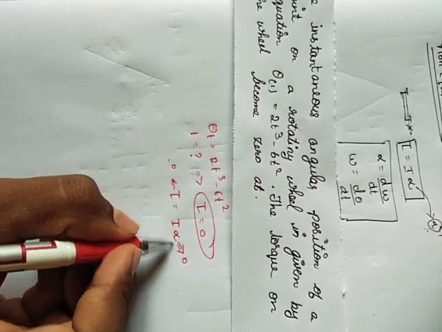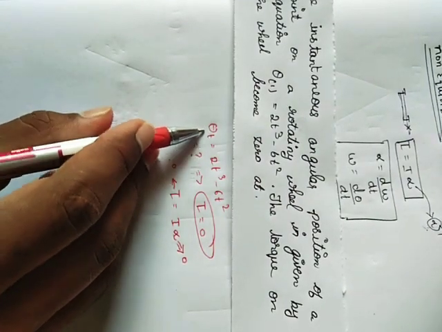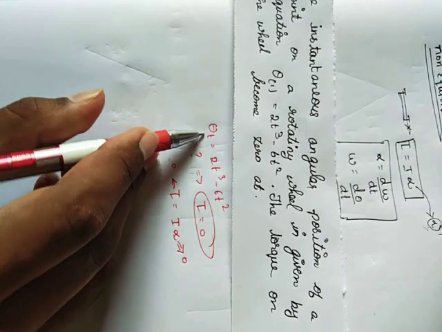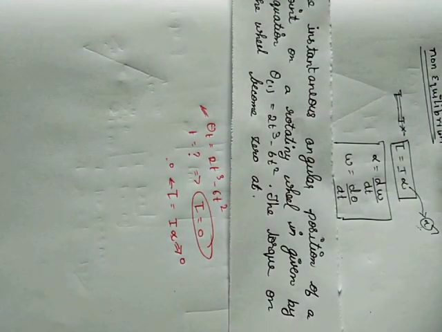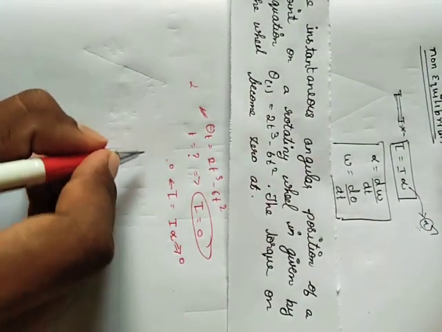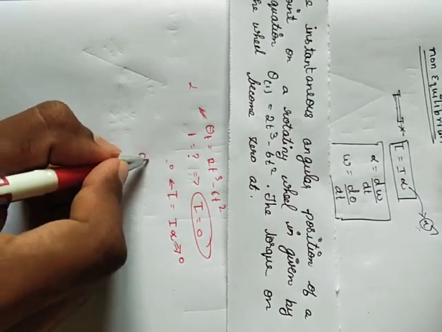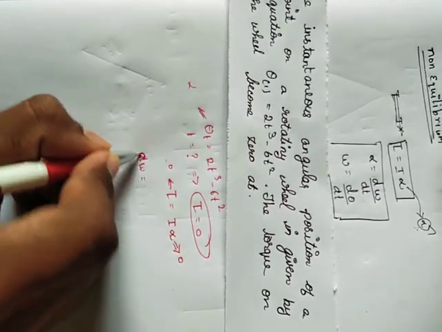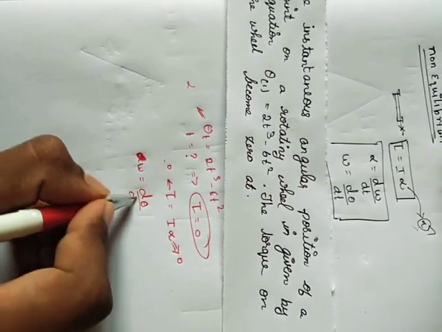We don't have the angular acceleration here. What is given in the question is angular displacement. But we can convert this angular displacement to angular acceleration. How? We have the formula. To find the angular acceleration, first I need to find the angular velocity, that is the change in displacement with respect to time.